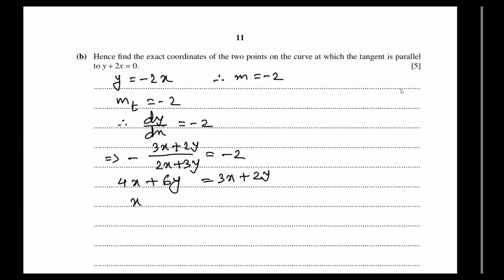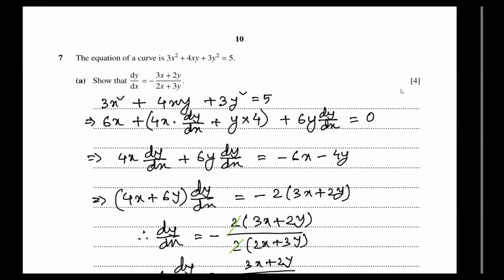So we have x equal to minus 4y. That's an expression. x is equal to minus 4y at a point where the tangent to the curve is parallel to y equal to minus 2x. Now, to find the exact coordinates, you have to substitute x equal to minus 4y in the original equation.